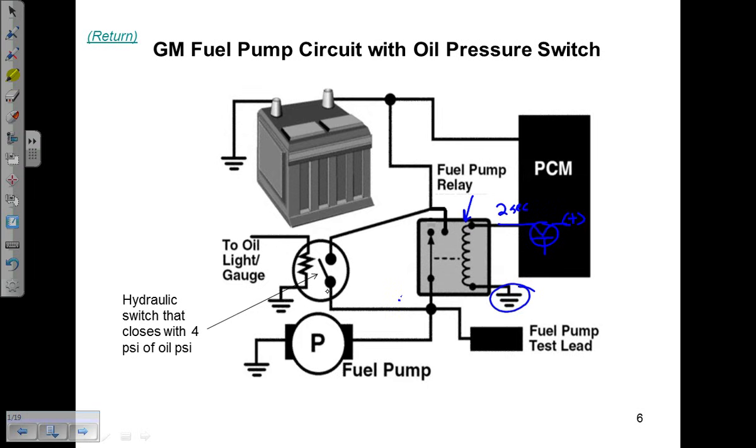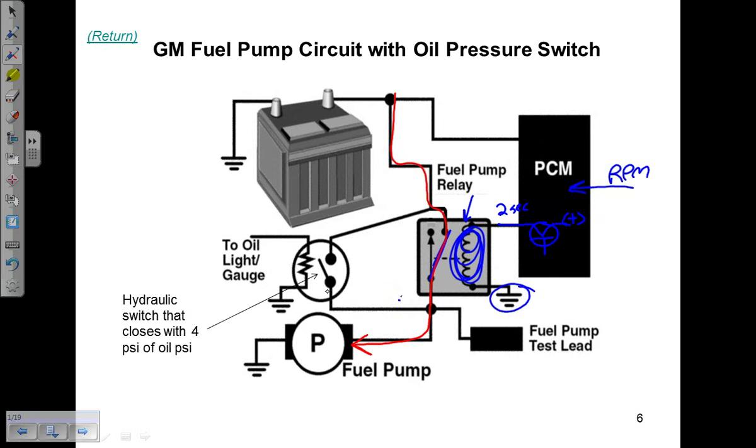Pump shuts off. Computer needs an RPM signal to turn that thing back on. Energizes the coil. As long as the coil is energized, this switch is going to stay closed. And what we're going to have is 12 volts coming down to my fuel pump circuit. The pump's going to be running.